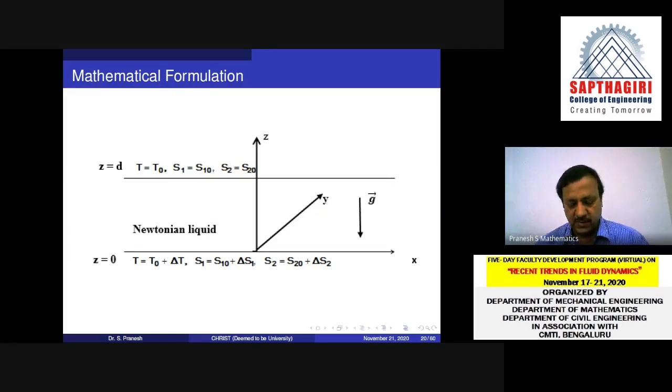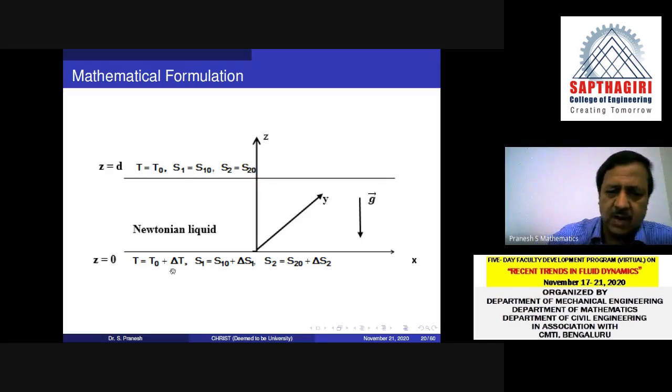So we take the physical configuration. The physical configuration consists of two parallel plates in the vertical direction separated by a distance d, z equal to 0, z equal to d. You can observe that at the lower plate we have T equal to T naught plus delta T, S1 equal to S1 naught plus delta S1, S2 equal to S2 naught plus delta S2. T represents the temperature, that is the heating.